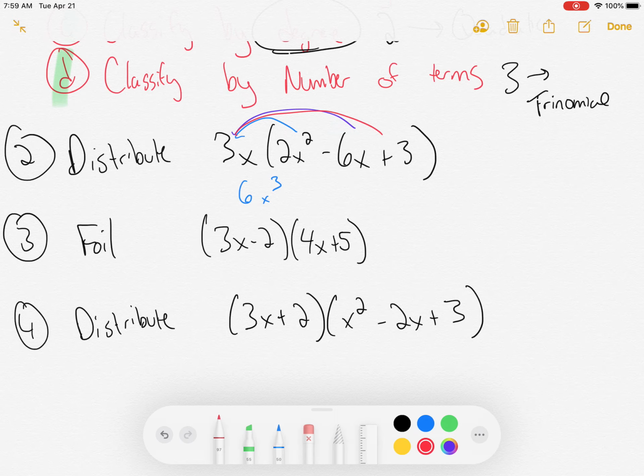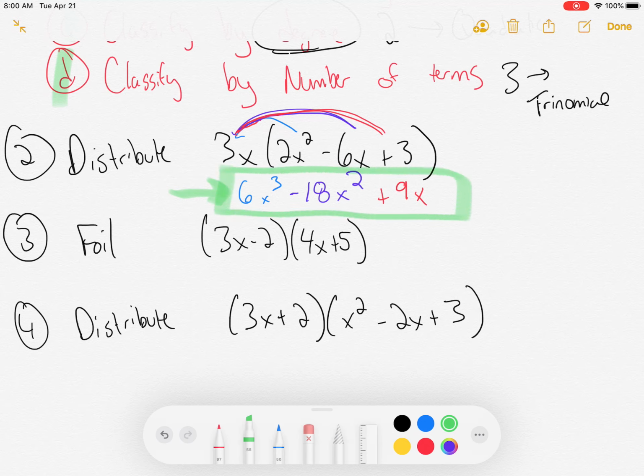I made a mistake here. Let's go back. Pretend I never said that. So 3x times 6x is minus 18x squared. It's early. Sorry about that. And then last, you're going to do 3x times 3 is plus 9x.